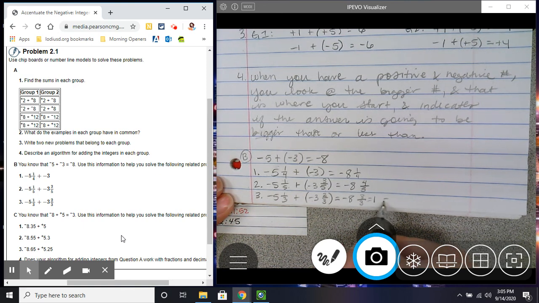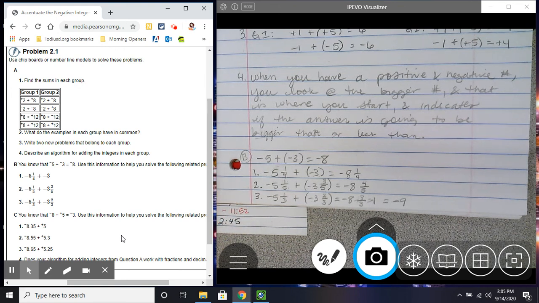So the answer is actually going to be negative 8, and then a negative, because this is also negative, right? So negative 1 whole, which would be negative 9 altogether. And we will do part C together tomorrow.